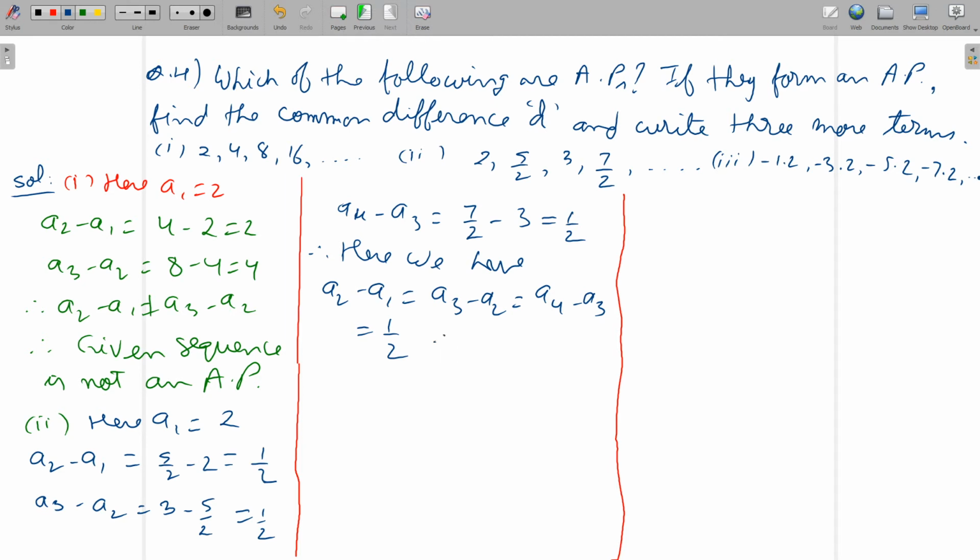Therefore the common difference D is equal to 1 by 2. And now we have to write down the next 3 terms. Before that we'll write that the given sequence is an AP.